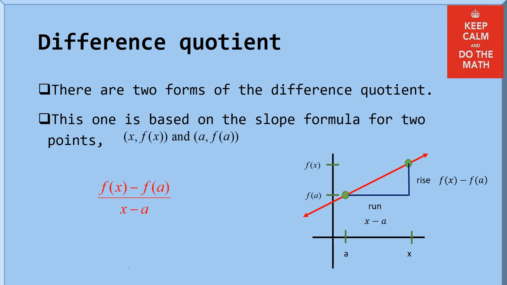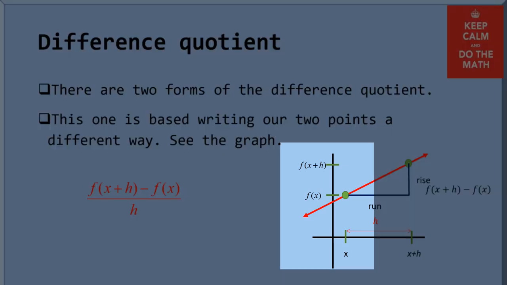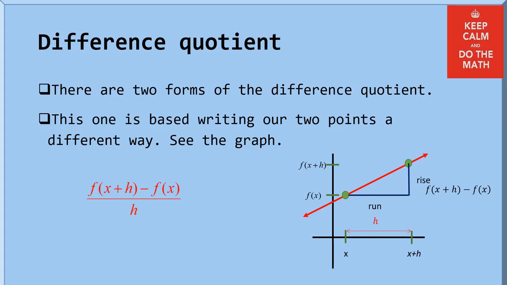Now this difference quotient can be written in a different form depending on how we set up our 2 points. So this one is based on just simply writing those same 2 points in a different way. So let's look down here at our graph, and now I have the x value, and as I go up to the first point, it is across from the y value of f of x.